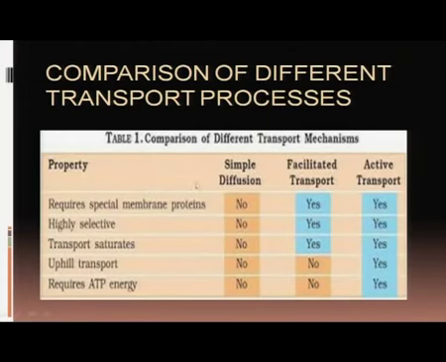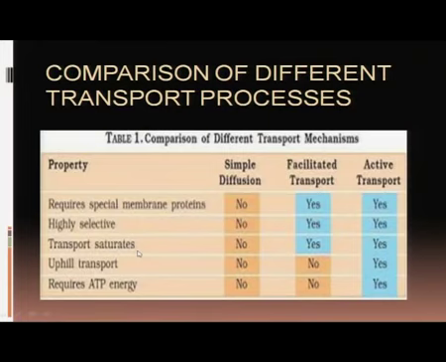So, let us compare the different mechanisms that we have studied: simple diffusion, facilitated transport and active transport. As we can see, diffusion does not need special membrane proteins, but facilitated transport and active transport need the membrane proteins, and because of the presence of membrane proteins, they are highly selective because the proteins are specific in their functions, and the transport can saturate also.